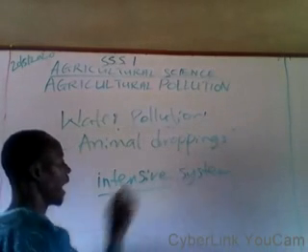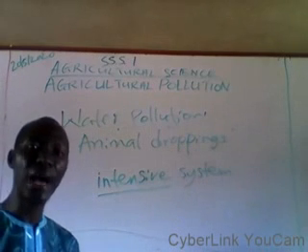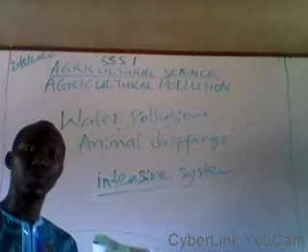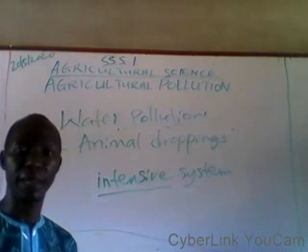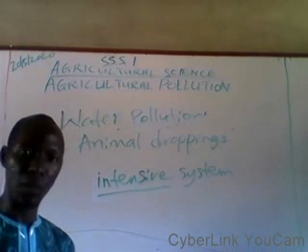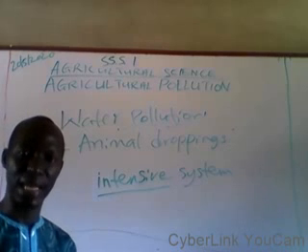Intensive system of animal production simply means that you should have an animal pen where you cage your animals. Fence them. Don't allow them to go out. Give them feed, water, and medication, and every other attention that is needed.